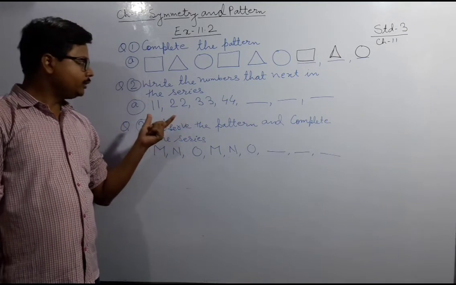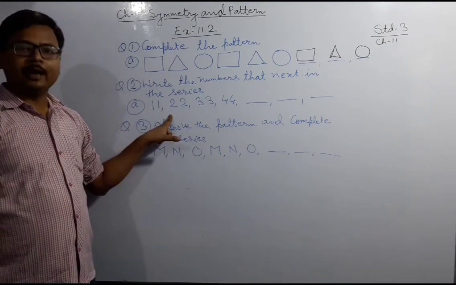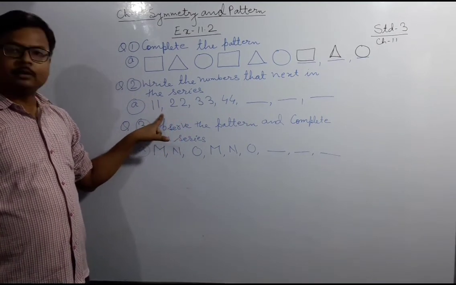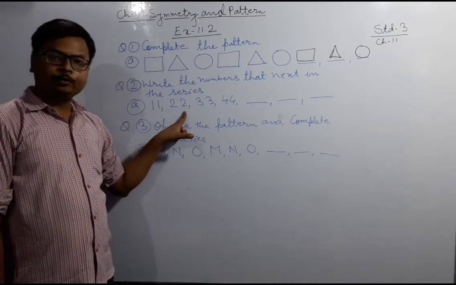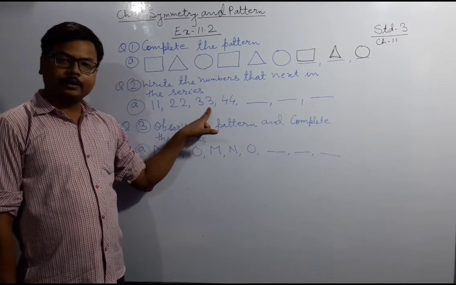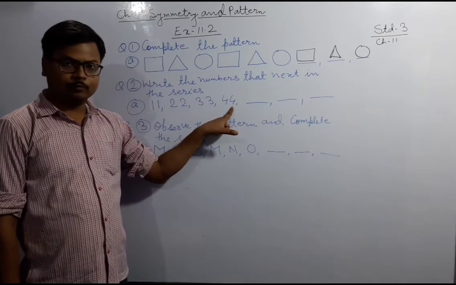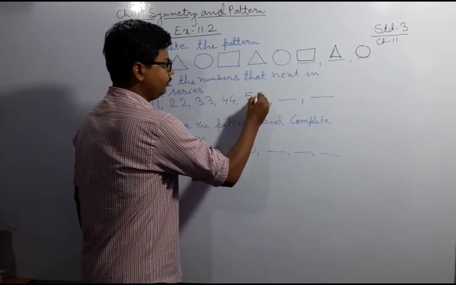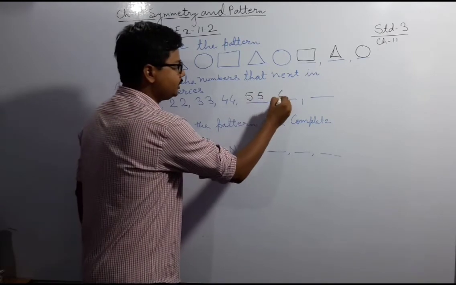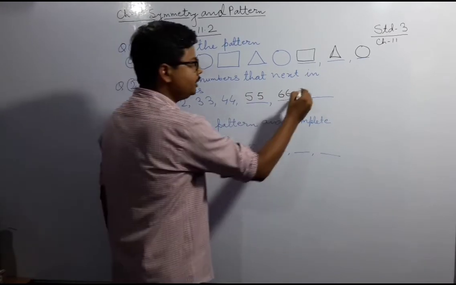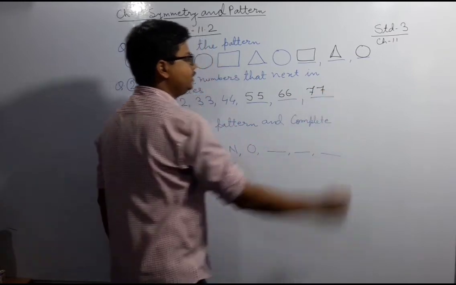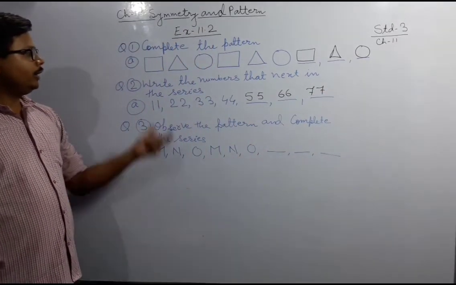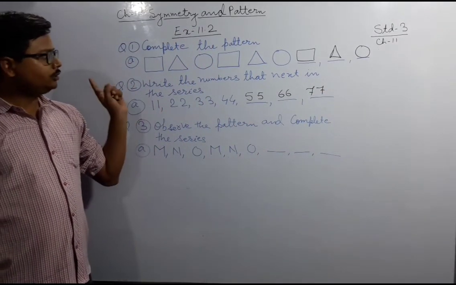You might be observing that these are the multiples of 11. 11 ones are 11, 11 twos are 22, 11 threes are 33, 11 fours are 44. So next will be 11 fives are 55, 11 sixes are 66, and 11 sevens are 77. Okay, so in this way you can solve question number 2.